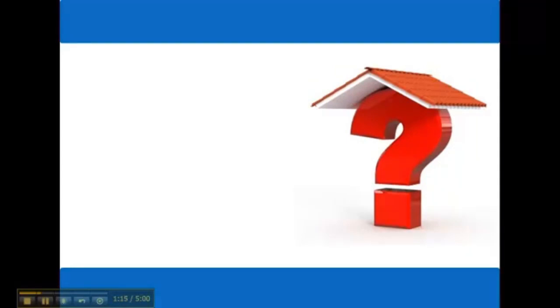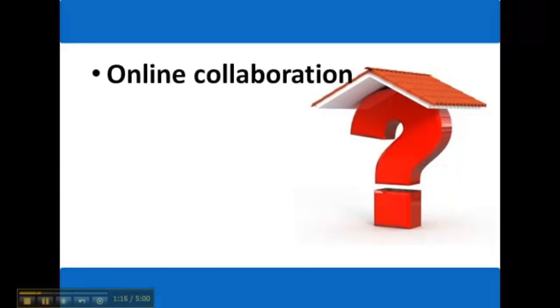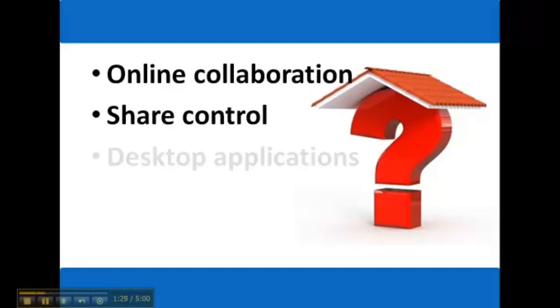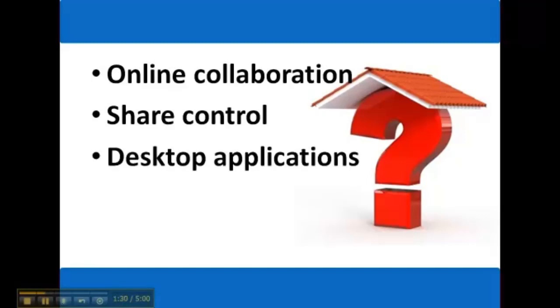If I advance the slide by one click, I have the first bullet point. On this one, it's about online collaboration. When I'm finished with that particular subject and I want to move on, I just click and move ahead one step at a time, and I can do that on as many of those slides as I like.